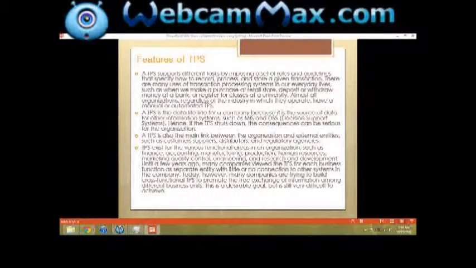This TPS has various functional areas in the organization such as finance, accounting, manufacturing, production, etc. This TPS must be able to handle every department in the organization.